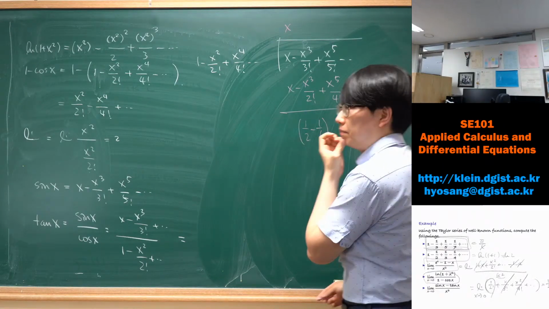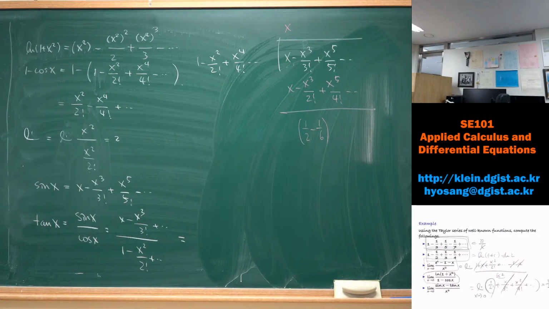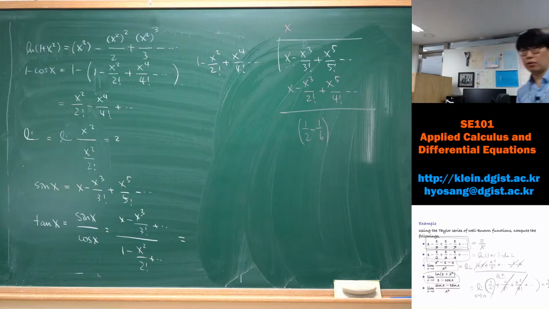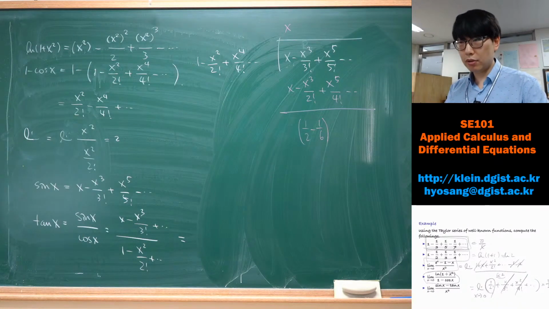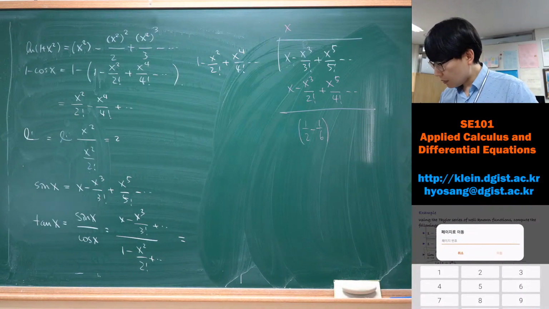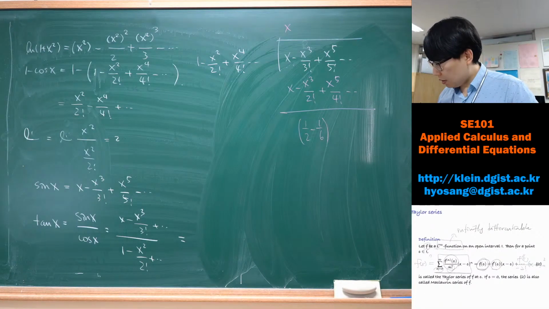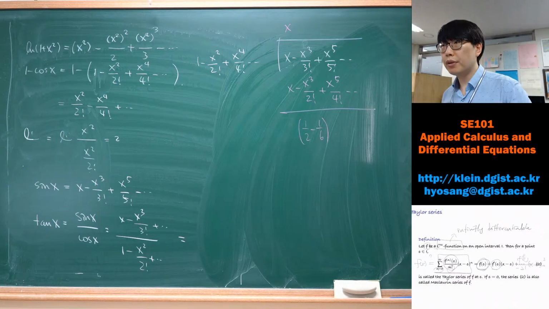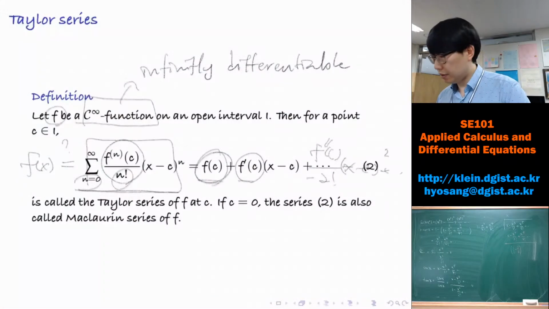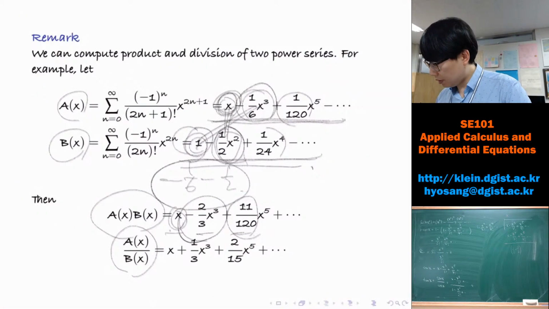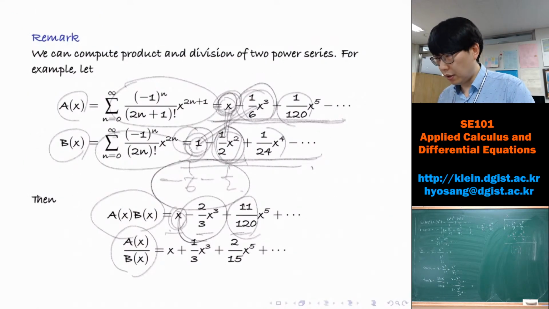So actually, what I did in the previous example is this, the power series of tangent. You see, in the previous example, previous slide here, this is the sine x, this is the cosine x.